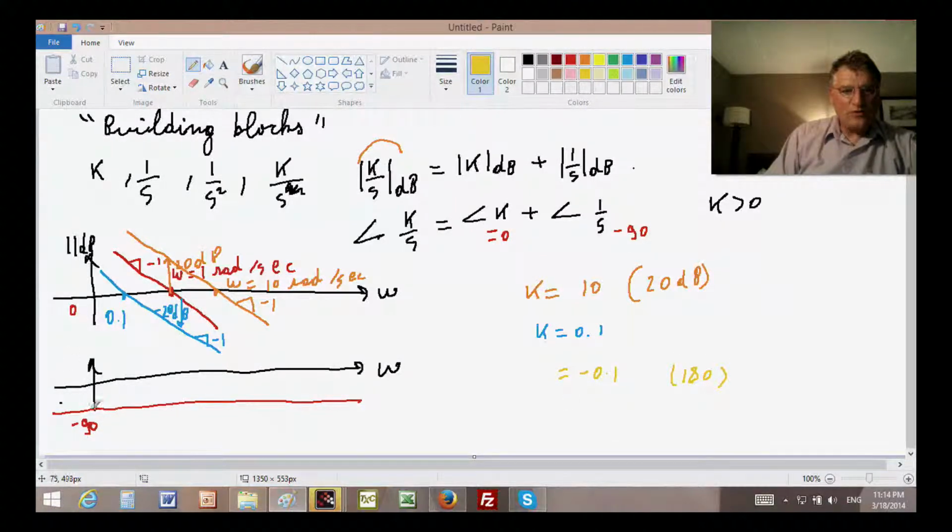So it could be represented either as minus 270 degrees here, or as plus 90 degrees, because 270 degrees is the same as 90 degrees modulo one wraparound. So that allows us to construct things like this.